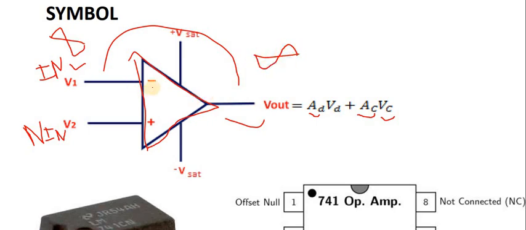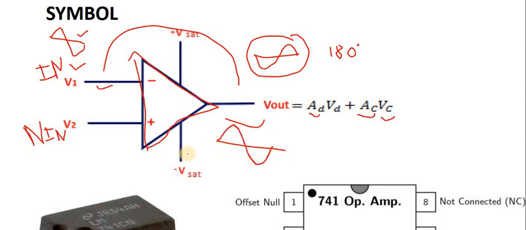That is why this terminal is called inverting, because your output is the inverted form of the input signal, or 180 degrees out of phase with the input signal. Non-inverting means you will get output in the same phase. That is why the name is non-inverting.